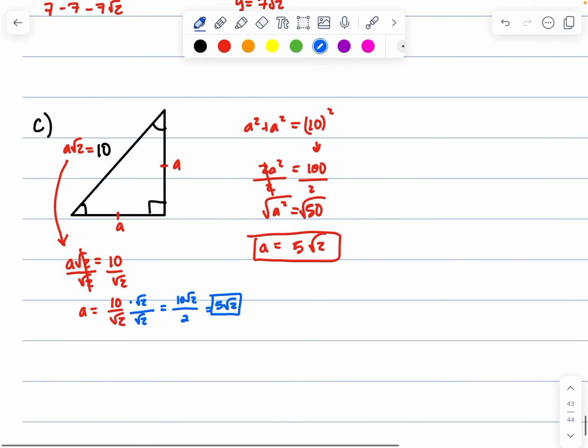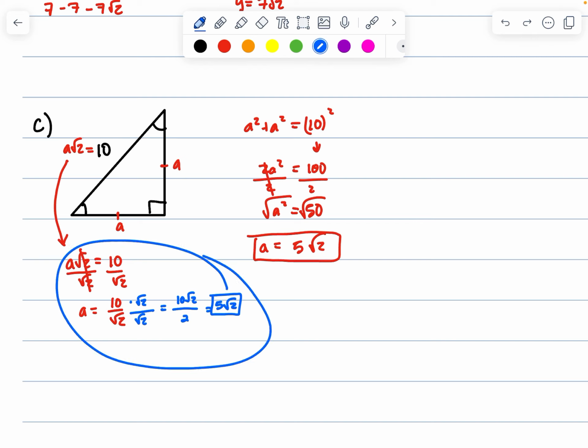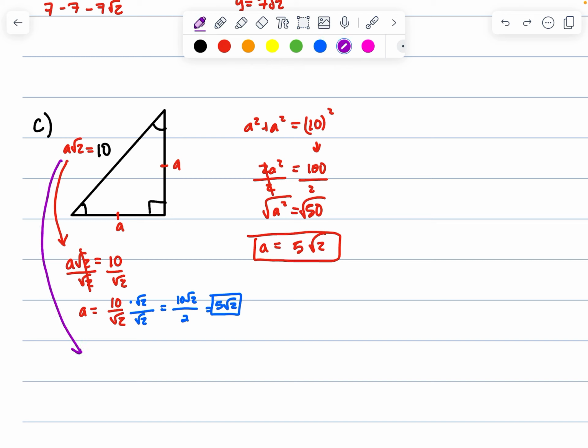Now the absolute shortcut to this is, if you have a 45, 45, 90, there is a third, even shorter version to this. Pythagorean theorem is a long version. Doing some algebra is a little bit of a shorter version. The shortest version of this, and let's do this in purple, is to take your hypotenuse.